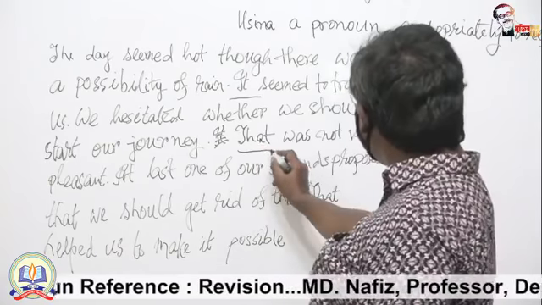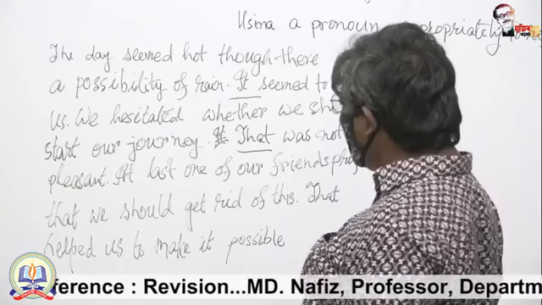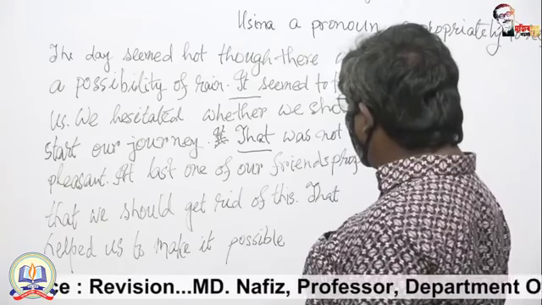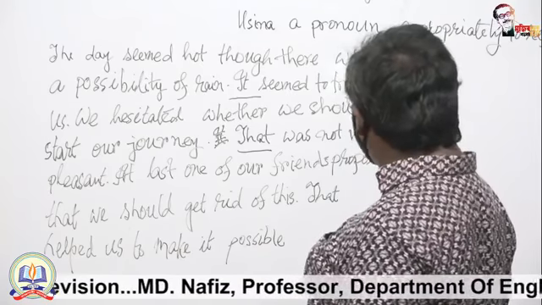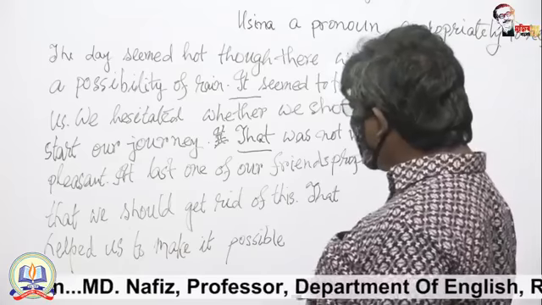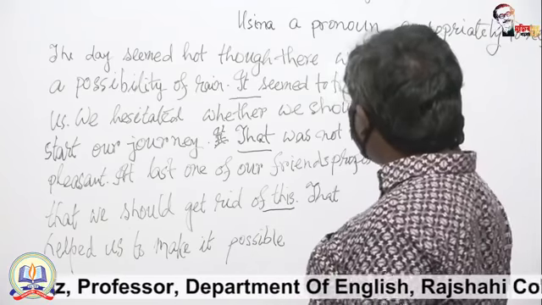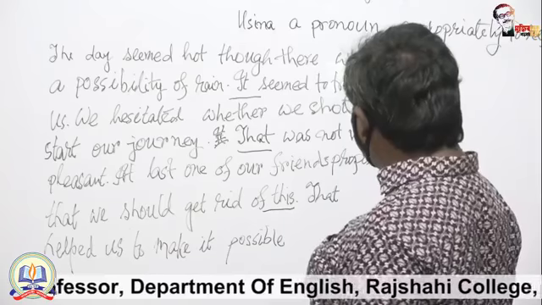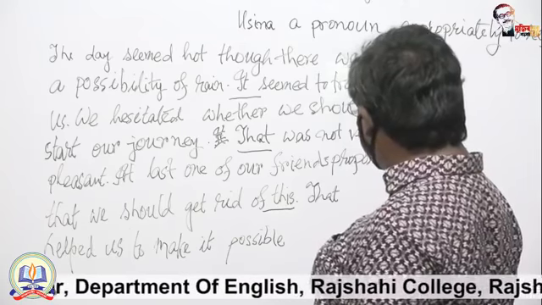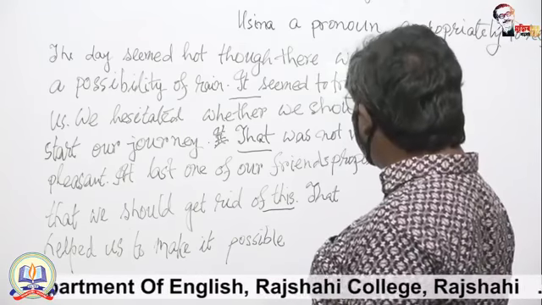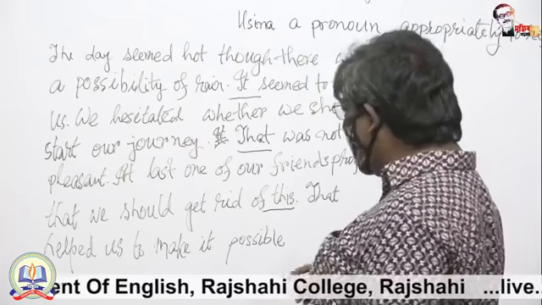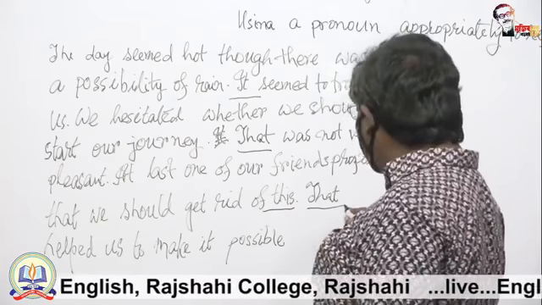That is another pronoun that was not very pleasant. At last, one of our friends proposed that we should get rid of this. This is another pronoun used in this passage that helped us to make it possible.